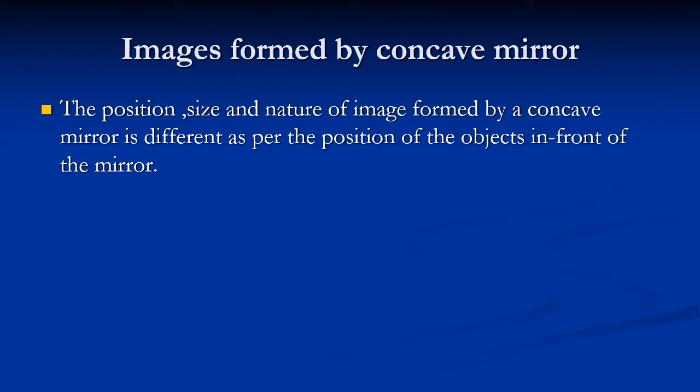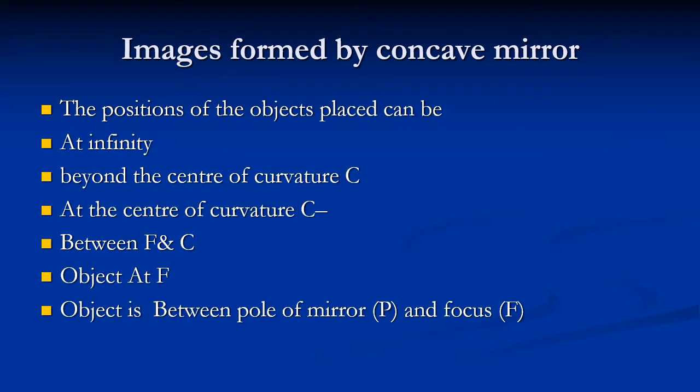How are images formed by a concave mirror? The position, size and nature of the image formed by a concave mirror is different as per the position of the object in front of the mirror. The object can be at infinity, beyond the center of curvature, at the center of curvature, between F and C, at the principal focus, or between the pole of the mirror and the focus.